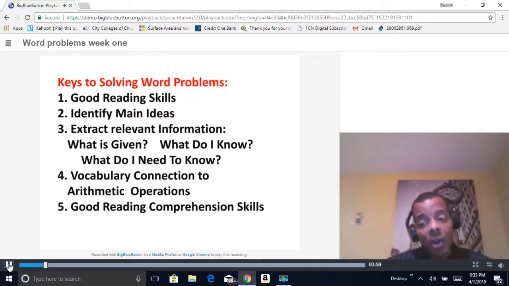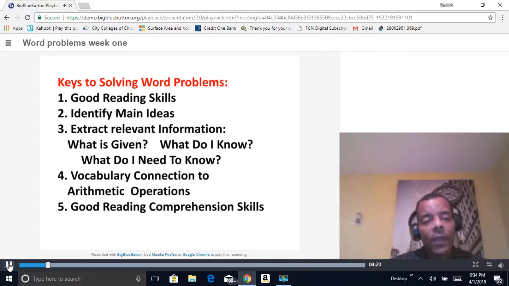Good to know, but you don't need it to solve the problem. So a good reader is able to identify the crucial information that's needed to solve the problem. Just like you need to identify main ideas to comprehend what you're reading, you need to be able to identify main ideas when you're solving word problems.